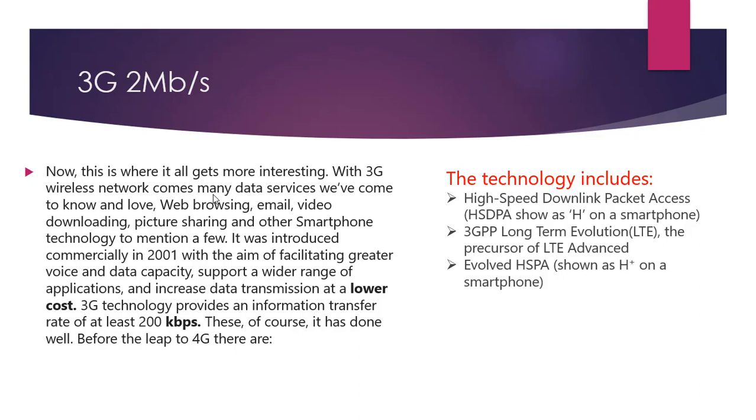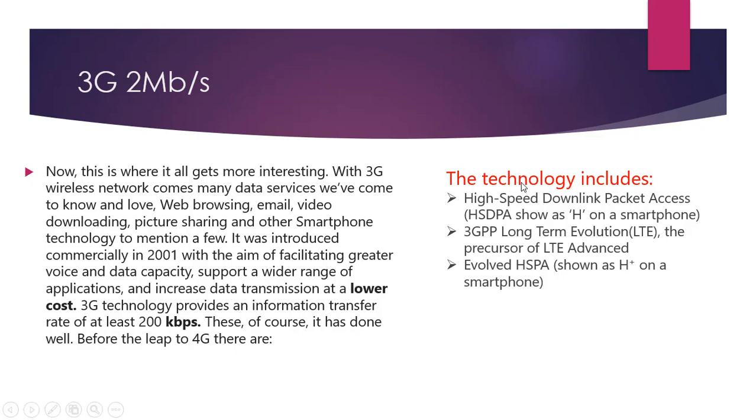It was introduced commercially in 2001 with the aim of facilitating greater voice and data capacity, supporting a wider range of applications, and increasing data transmission at a lower cost. 3G technology provides an information transfer rate of at least 200 kbps. Of course, it did well before the arrival of 4G.